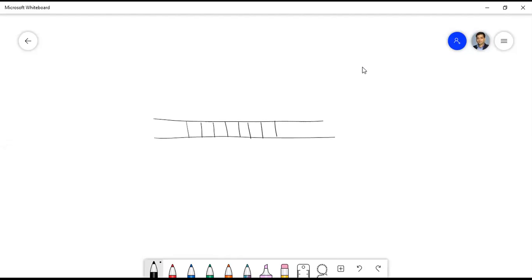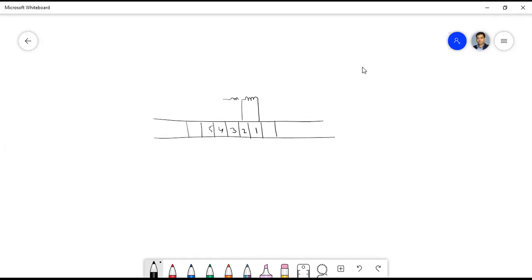Let us take 1, 2, 3, 4, 5 like this. And suppose the coils are like this: between 1 and 2 you have some coil, between 2 and 3 you have some coil like this.